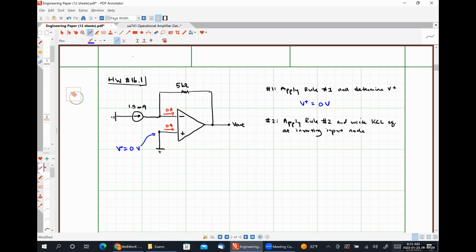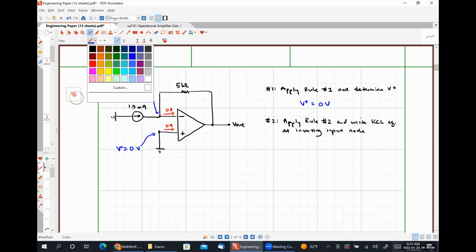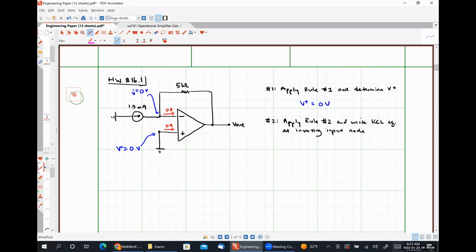So applying op-amp rule number 2 tells us that our voltage at our inverting input terminal, V minus, must also be 0 volts. And so what I'm going to do now, I'm going to do it in pink, is I'm going to write a KCL equation. So I'm going to add this current, which is leaving my inverting input terminal, plus this current is equal to 0, because I know that no current can branch off and flow to the right.